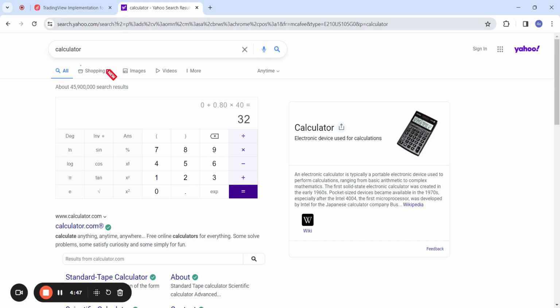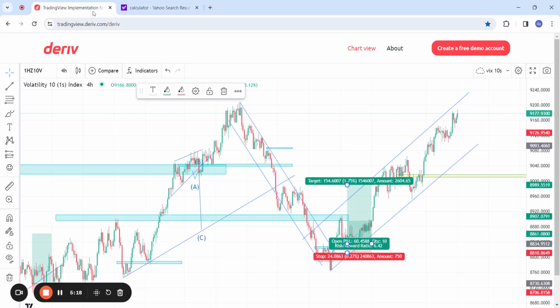Now, with a 1 to 3, it can be lower. I'm going to show it just for the visual aspect of it. You see me? Say I lose 20 points. Now I lose 3 trades at 1 to 3.